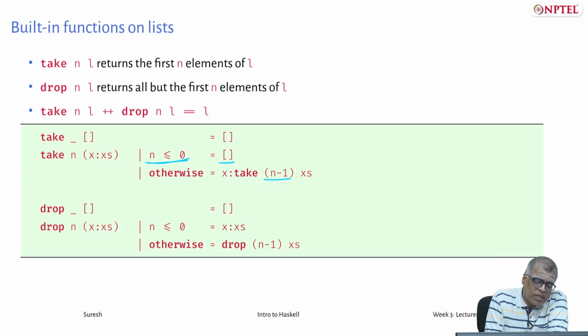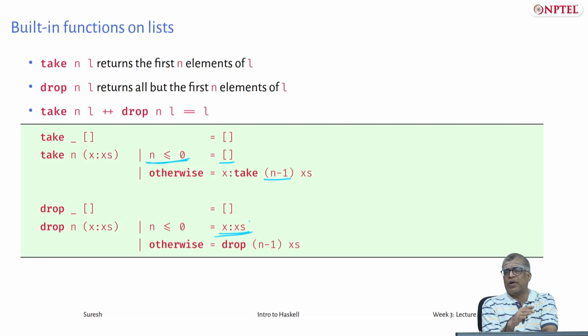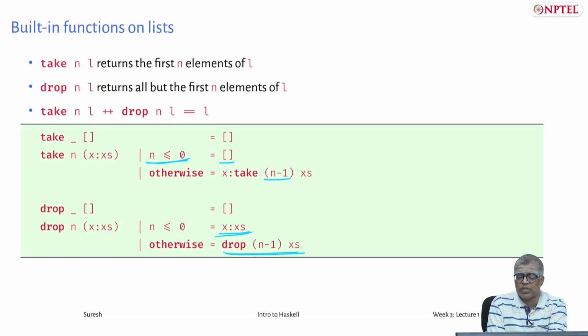So if I say drop n x colon x's and n is less than or equal to 0, the result is just x colon x's. Otherwise, you drop the first element and then you drop n minus 1 further elements from x's. So otherwise, it is just drop n minus 1 of x's. We will try to program this in the demo session and we will see how this works.